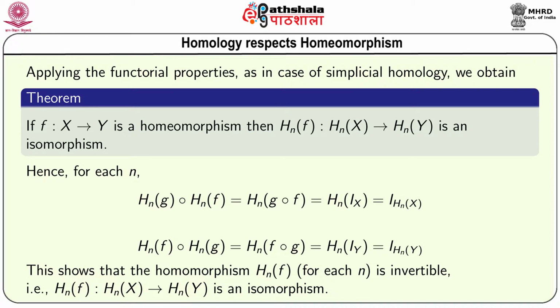Similarly, Hn f composed Hn g is equal to Hn of f composed g, which is equal to Hn identity on Y, and that is equal to identity on Hn Y. This shows that the homomorphism Hn f for every n is invertible. That is, Hn f is an isomorphism.